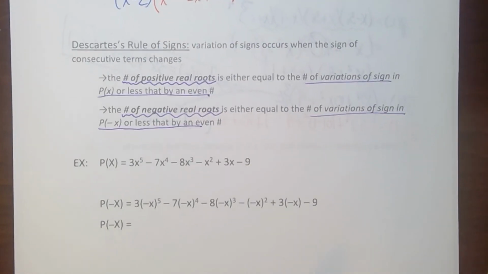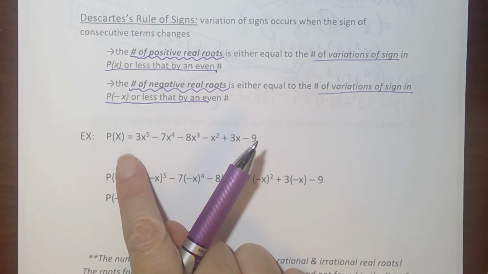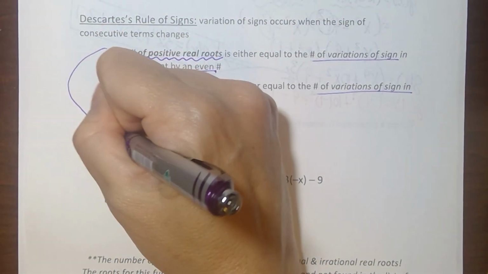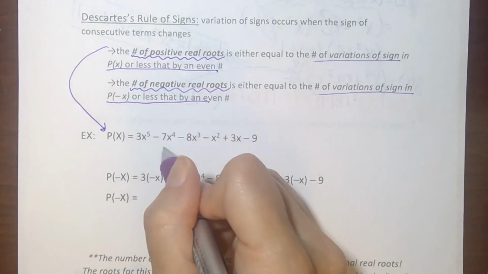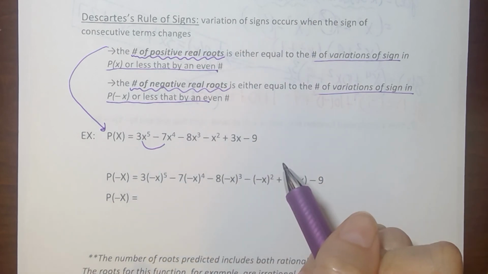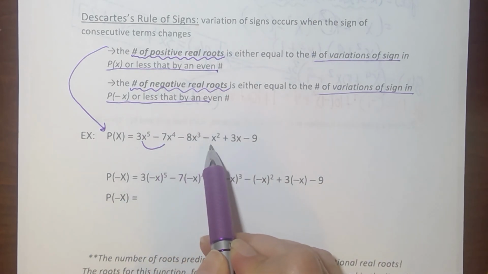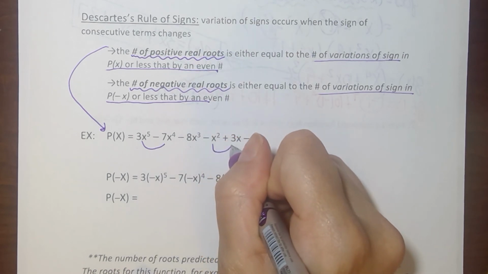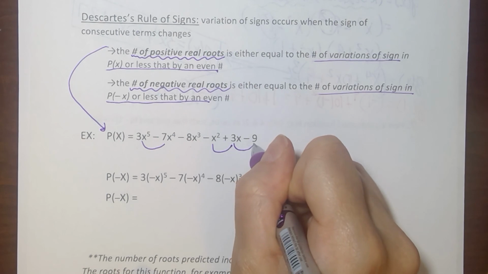Let's do one. Here's p of x. How many variations of sign do I have? We're checking for the number of positive real roots. Well, this sign is positive, this sign is negative, so that is one variation. Stays negative, changes to positive, that's another variation, changes to negative.